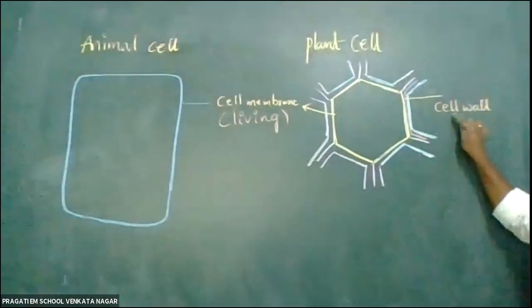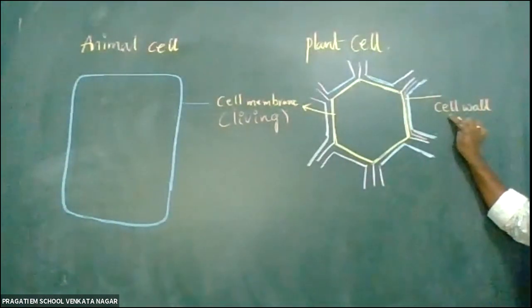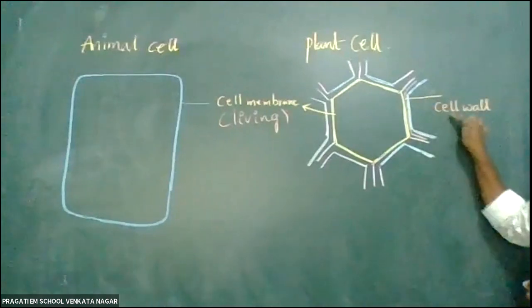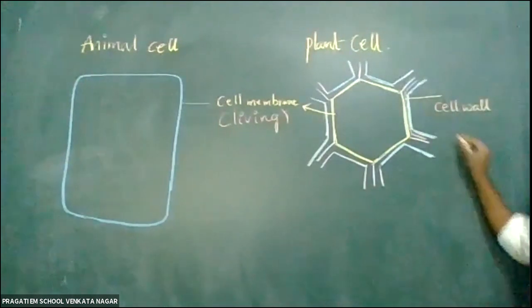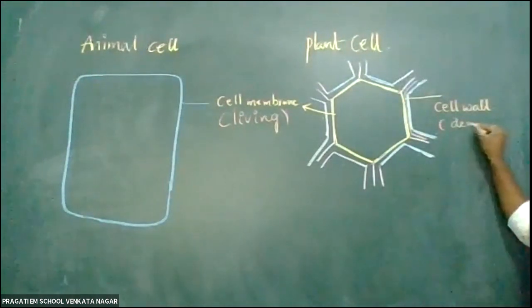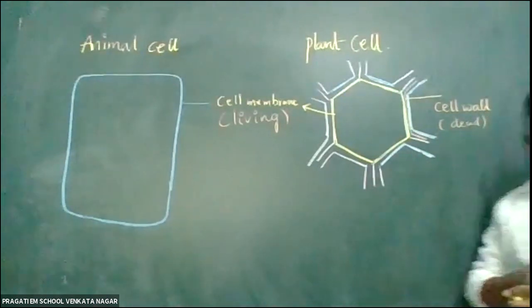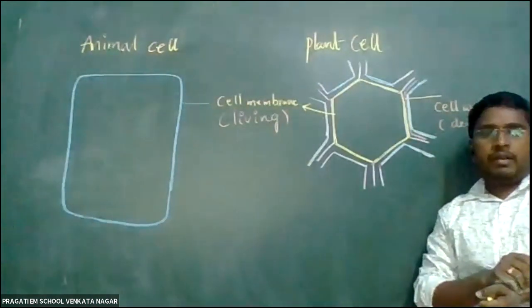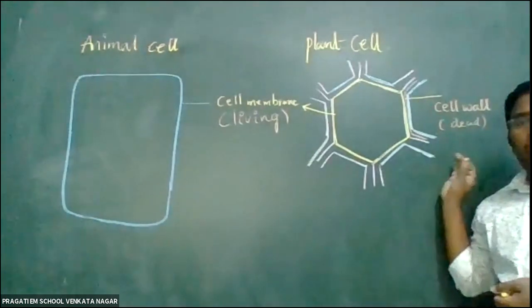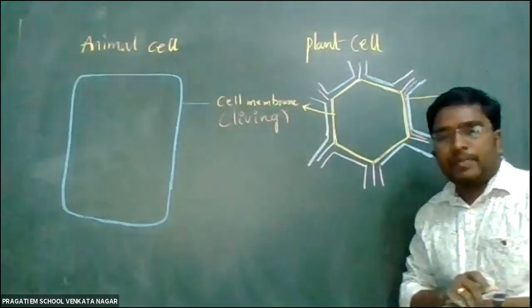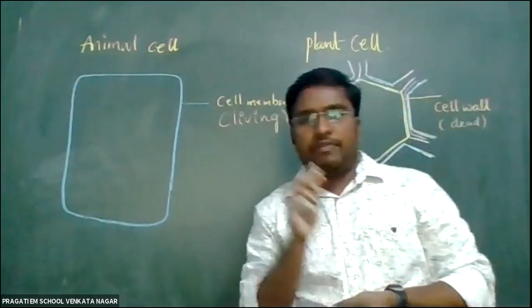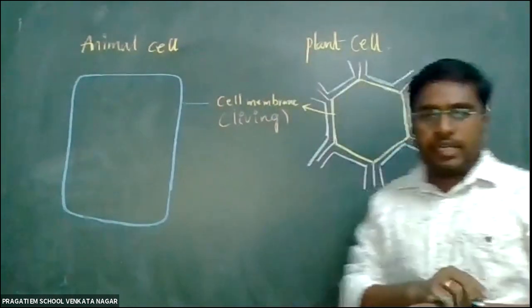Whereas the cell wall, the extra layer present in the plant cell, is a dead and complex membrane, the toughest membrane, isn't it?